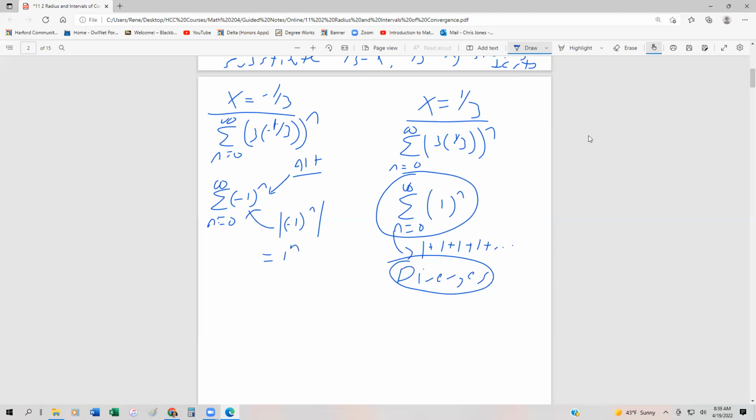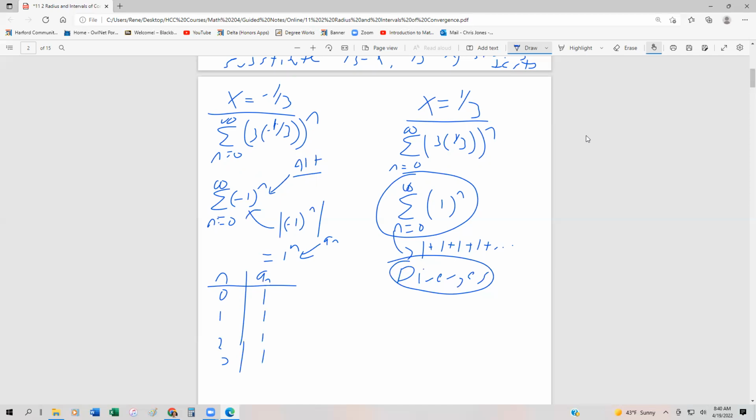And then we want to determine if the terms are decreasing. But clearly they're not. If I had a small table where n is 0, 1, 2, 3, then a sub n is going to be 1, 1, 1, 1.